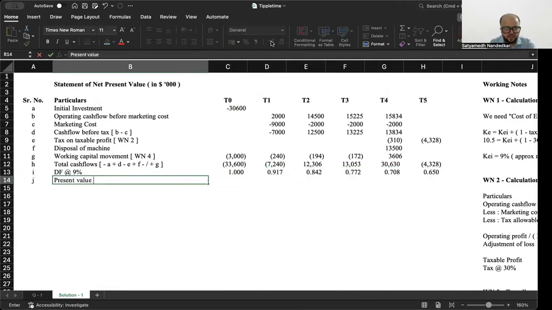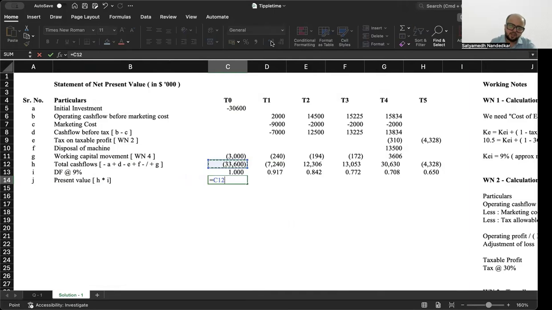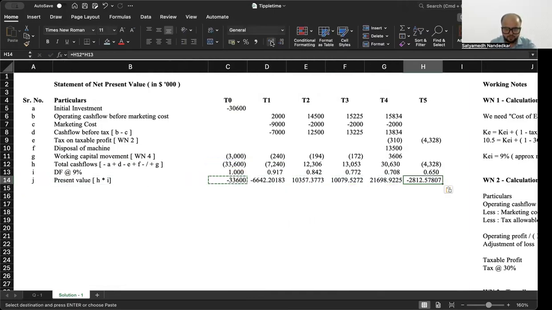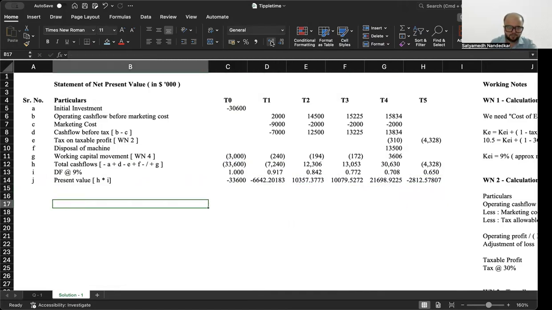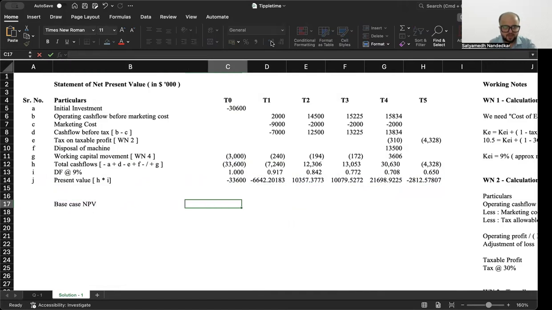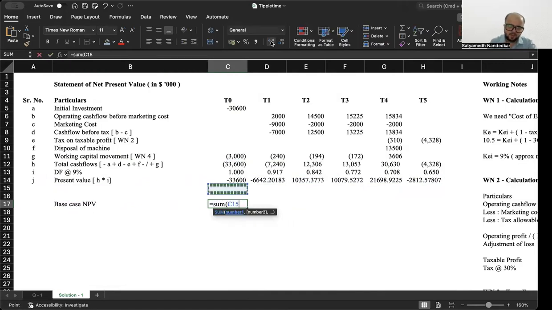You get your present value. How do you get your present value? H into I, 33,600 into this thing. I will get my base case NPV. My base case NPV is going to be a total of these.